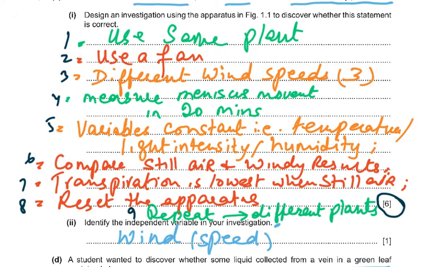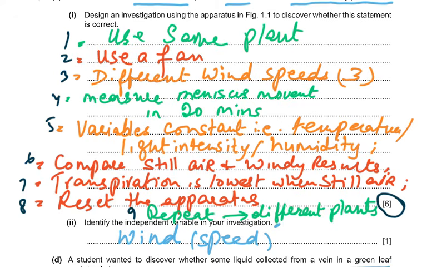But you need to visualize that you're doing this in the lab and you've been asked to study this. So how are you going to make a plan? You say, okay, we'll take a plant, then we use a fan, one with the fan and one without the fan.